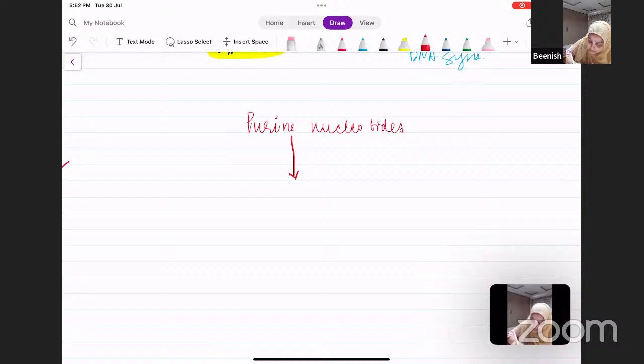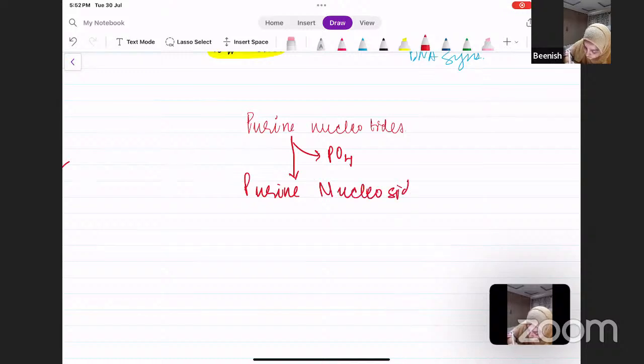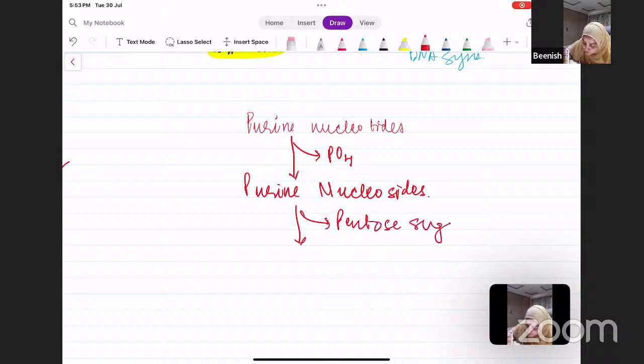From the nucleotides, if you remove the phosphate, you end up with purine nucleosides. Now, from the nucleosides, if you again remove the pentose sugar, because nucleosides were pentose sugars attached to nitrogenous bases, your sugar has also been removed, so you're only left with the purine base.